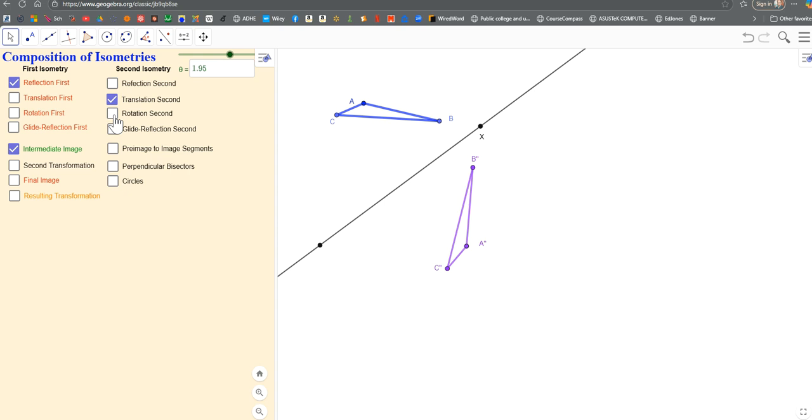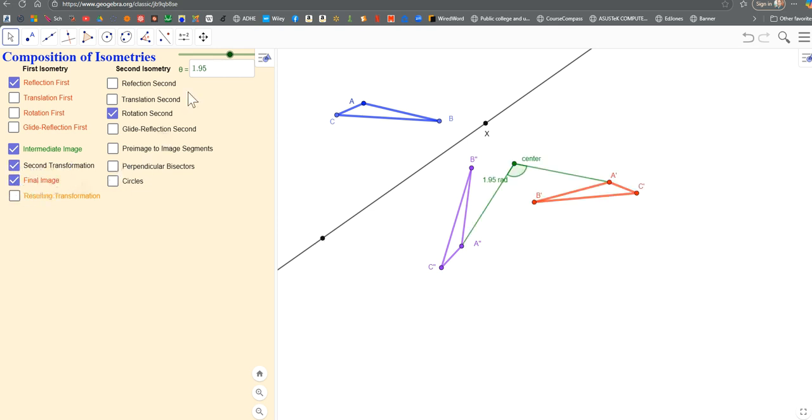Okay, so let's go now to a rotation second. So once again, we have our original transformation. The isometry is a reflection. Okay, so there's our intermediate image. Now we take that intermediate image and we want to rotate it. If we rotate it, we need an angle, which is controlled by this slider or input box here.